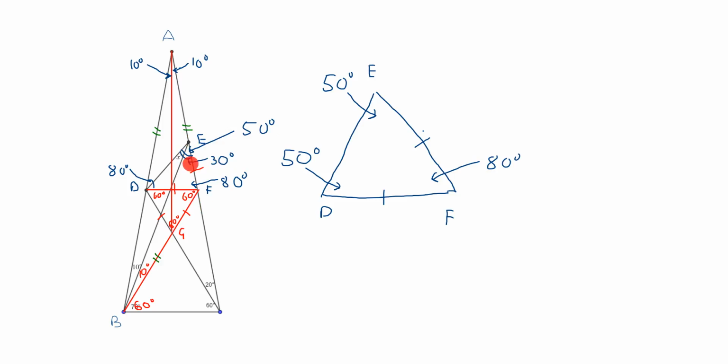So if this one is 30 degrees and this whole one here is 50 degrees, we can see that X degrees must be the 50 degrees minus the 30 degrees, which is 20 degrees. And we are done. X is 20 degrees.